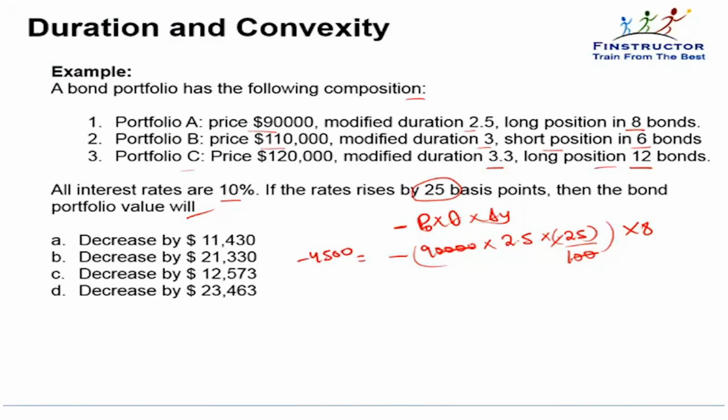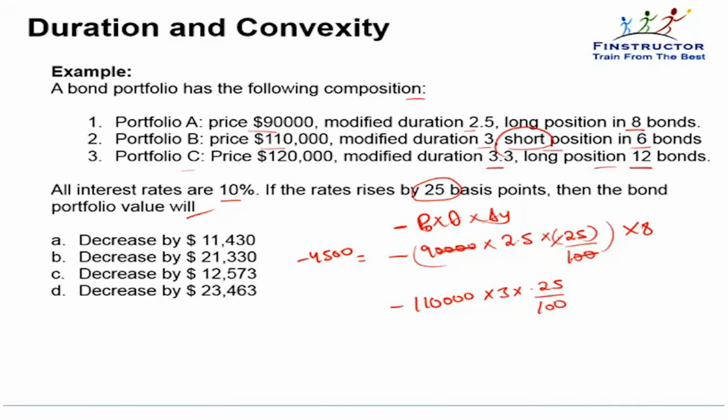Similarly, for the second portfolio, the price is 110,000 multiplied by a modified duration of 3 multiplied by 0.25 upon 100. This, however, is a short position. So a short position is when you have sold the bond.